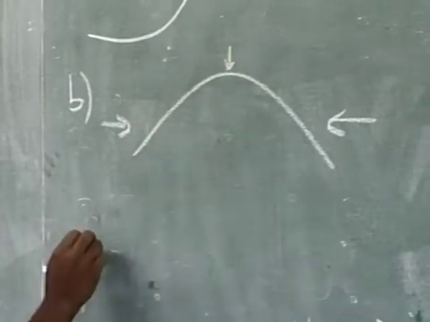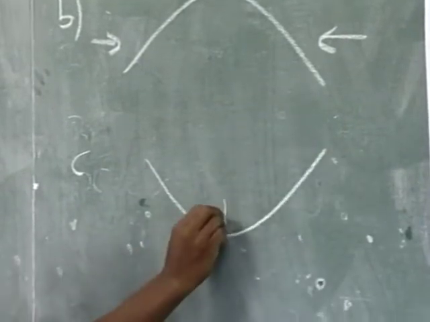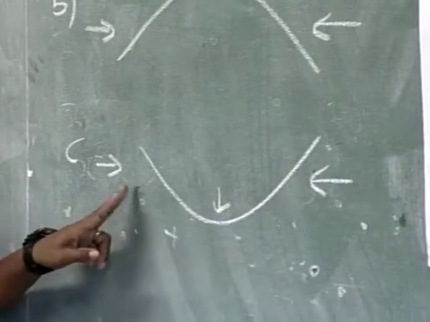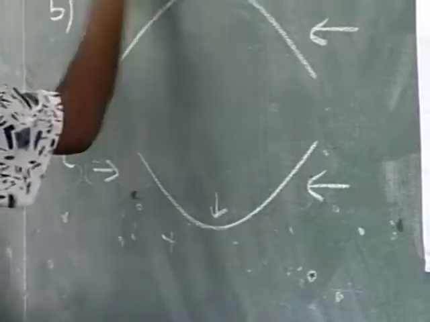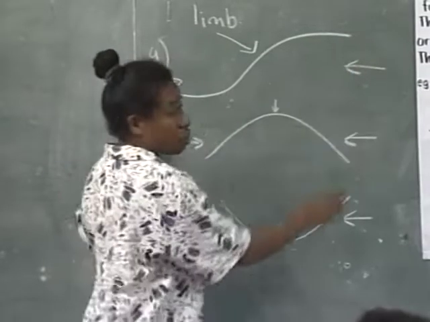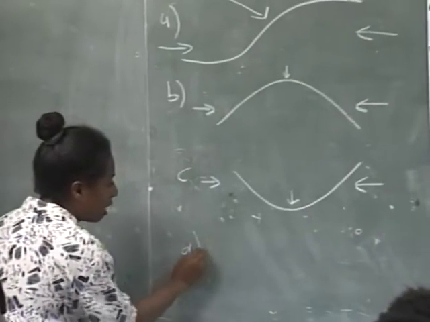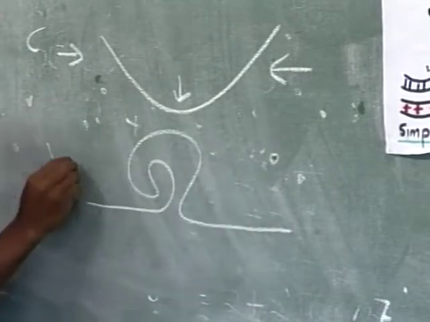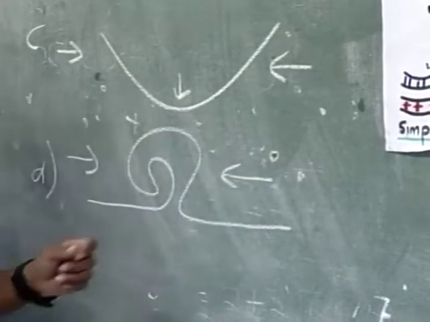Then we have C, a depressed area giving us a syncline. The arrows that I have on the side here represent the forces of compression. Here we can also put the arrows to show the forces of compression. And finally D, the overturned fold. We can have the arrows on the side here to show the forces of compression.